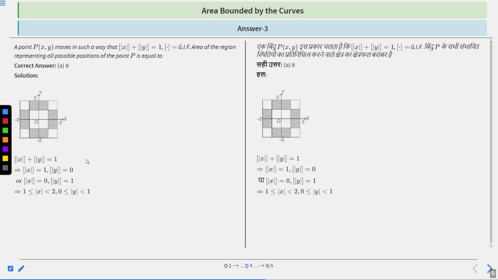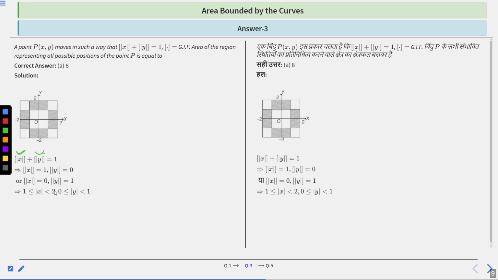One is when the greatest integer function of |x| is 1 and the greatest integer function of |y| is 0. Another possibility is when the greatest integer function of |x| is 0 and the greatest integer function of |y| is 1.